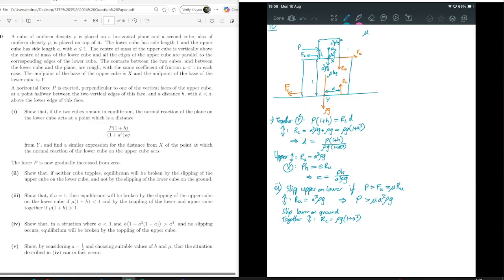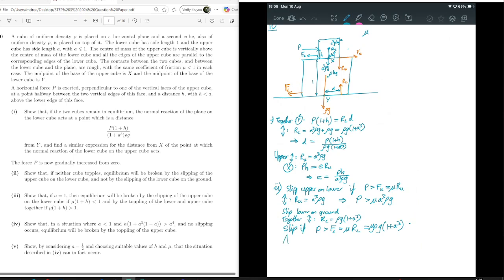And so we slip if the P force, now I'm looking at combining all of the arrows together, but I'm ignoring the RU and the friction on U. So I'm only left with P is greater than FL, which is going to be mu RL, which is mu rho G 1 plus a cubed, which is a bigger condition.